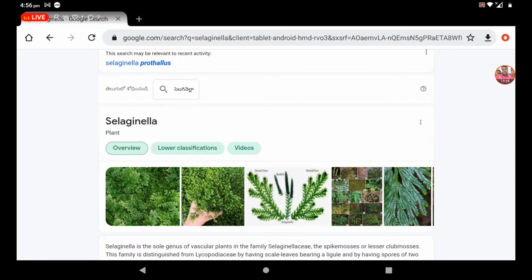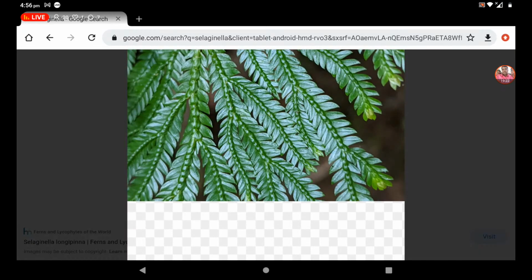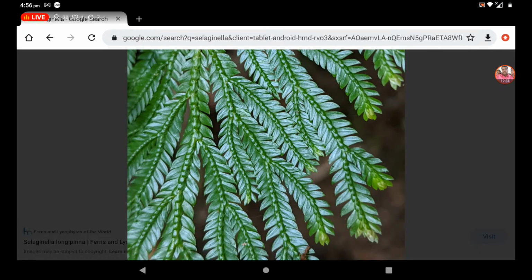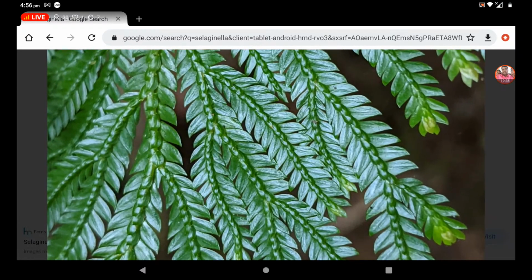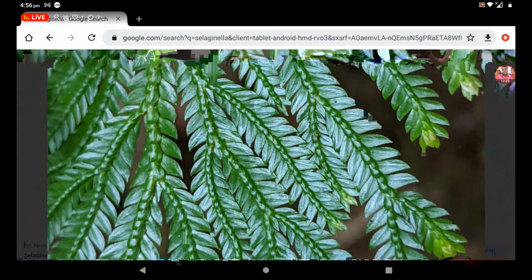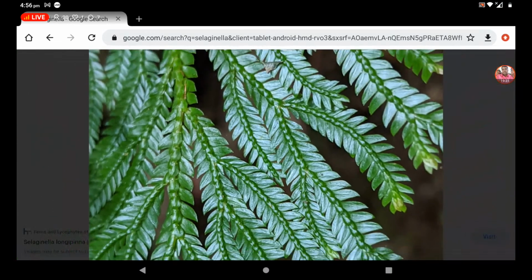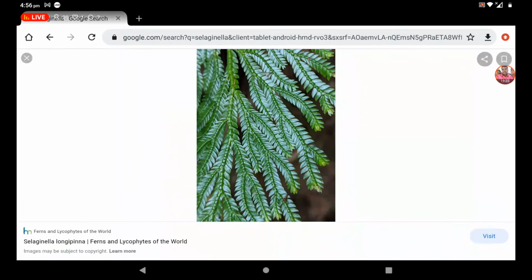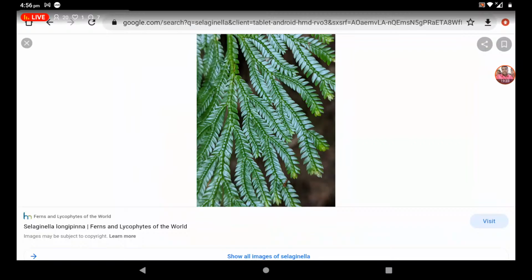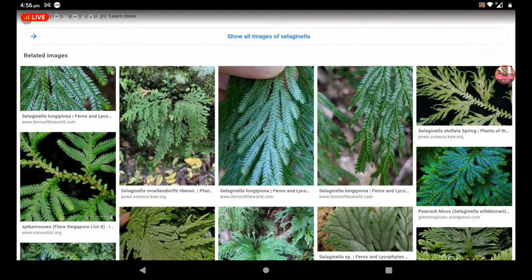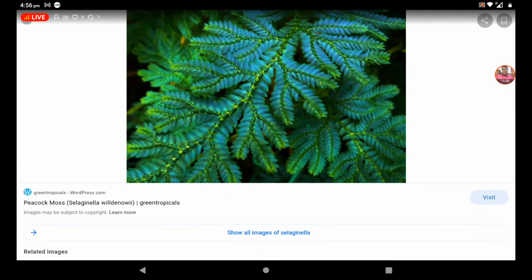Selaginella which bears cones, strobili. Now we are finding one side, that is the dorsal side only, here. On the ventral side, if you see the leaf, it consists of sporangium. The ventral side of the leaf only consists of sporangium.